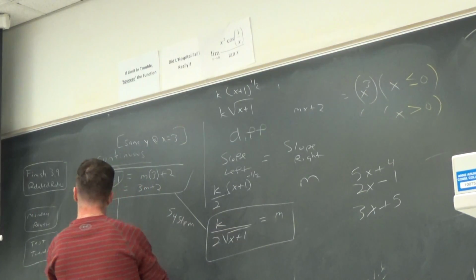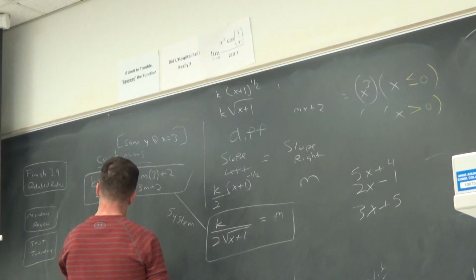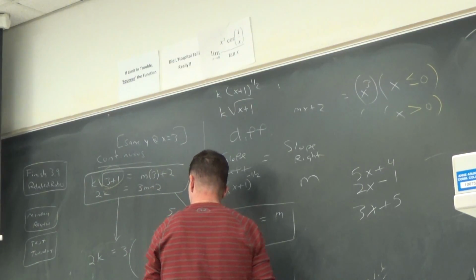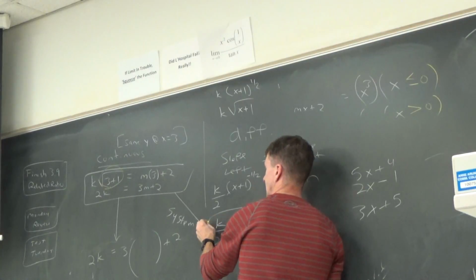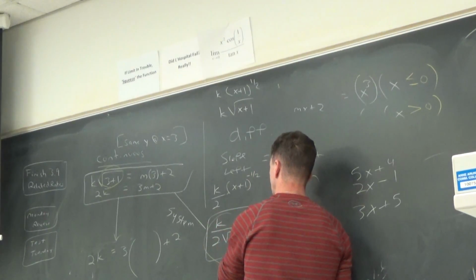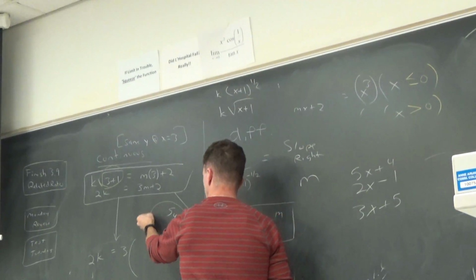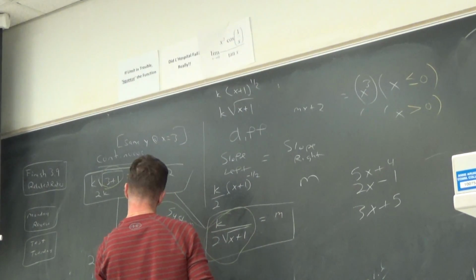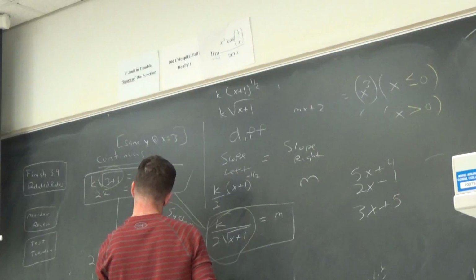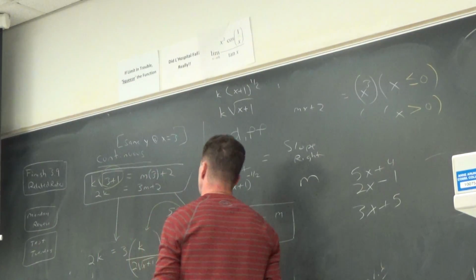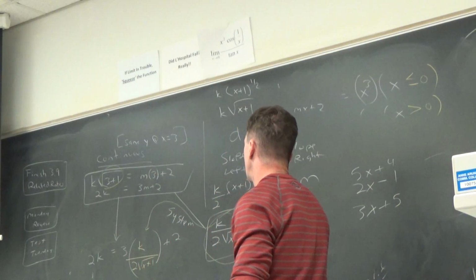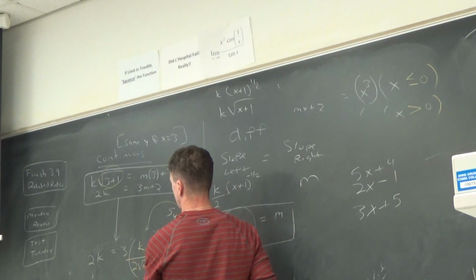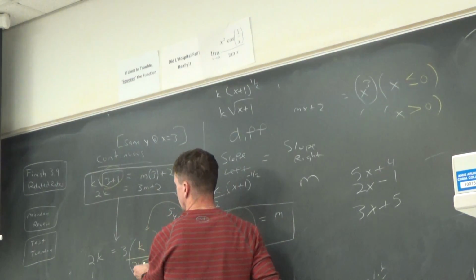So now I get 2k equals 3 times, we're gonna put something in place of that m, plus 2. And let's bring it in here, what's going in here? Substitution. And what am I plugging in for this x value? Oh, there's an x here, what could I plug in here? 3.